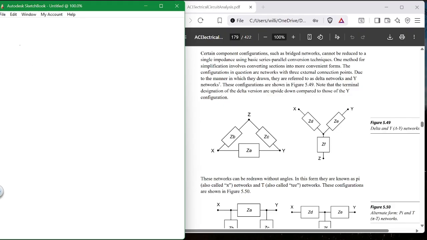So if you have 3 points, and this is a delta. You have 3 points, and you've got a Z here, you've got a Z here, and you've got a Z here. All right? ZA, ZB, ZC. You can convert that to a y.